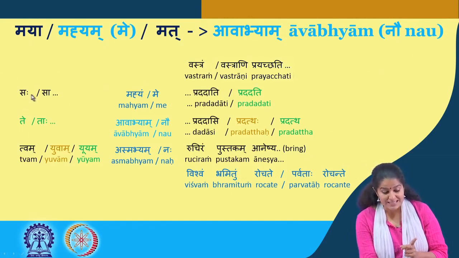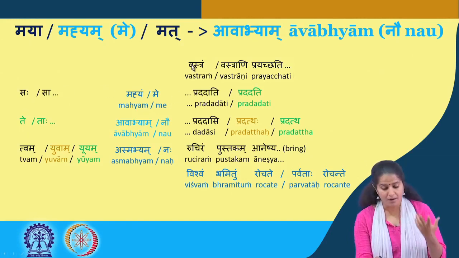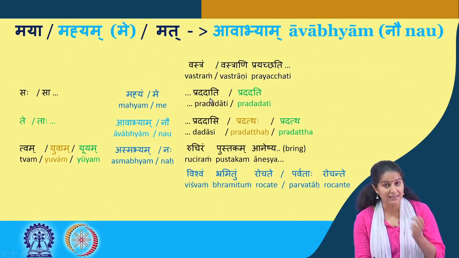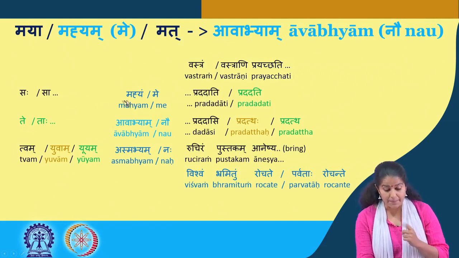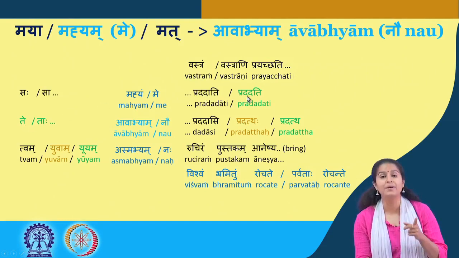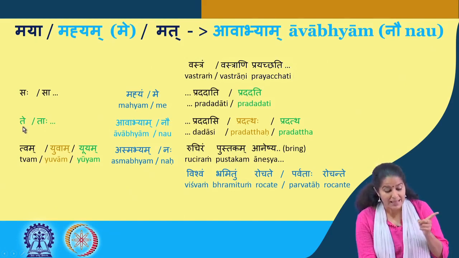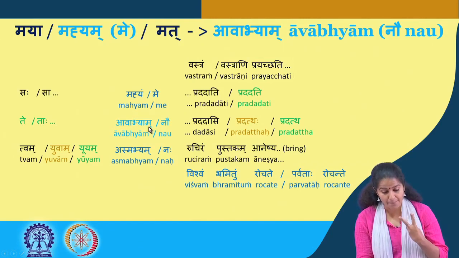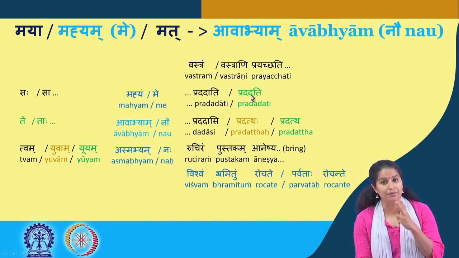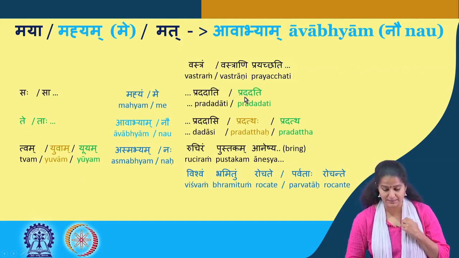So here we have saha mahyam vastram pradadati, te mahyam vastram pradadati. Now let's do it with the avabhyam. Te avabhyam vastram pradadati, because there are two of them. Okay, no, sorry, there are many of them who are giving, te pradadati.